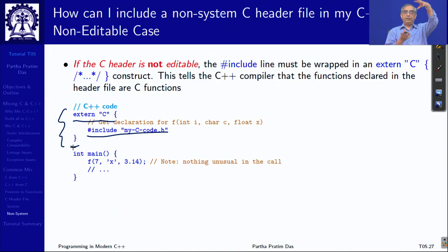That is the basic thing you are trying to do, put everything of the C header into extern "C". If the header is editable, it is most preferred to do it in the header itself and use that same header everywhere. Otherwise, you will have to do this inclusion within the extern "C" in C++ and without the extern "C" in the C code. Right? That resolves it.